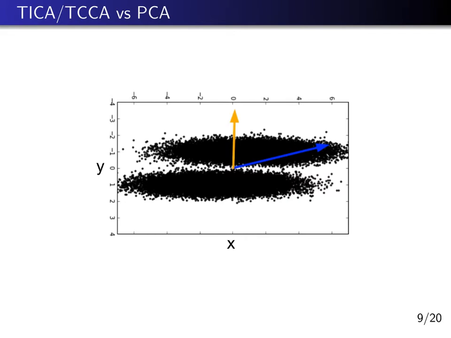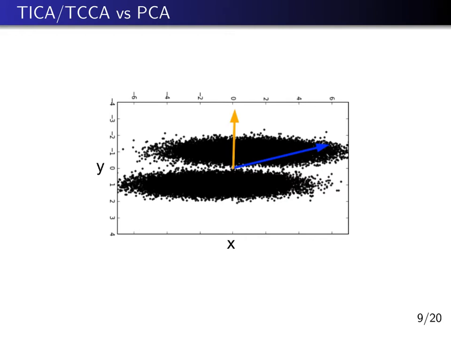This is a timescale separation problem. So if we have a method that can separate slow and fast processes, then we should be able to find a one-dimensional projection in which we can distinguish the two densities. Now, if we use, for example, principal component analysis, then we will get the blue direction.